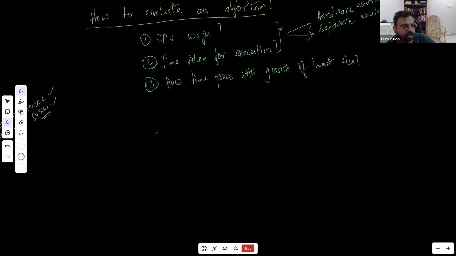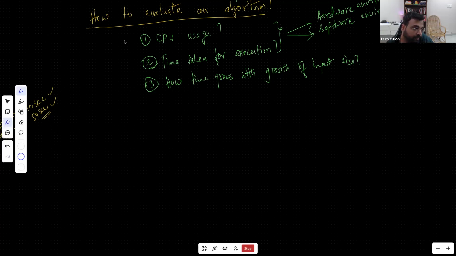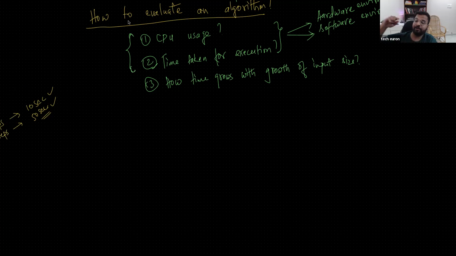There is one more demerit. If you're trying to evaluate an algorithm based on the time taken for execution, for that you have to execute it, which means you have to write it. So if you're going by this philosophy, before writing the code you cannot evaluate it, which means you have to write every single line of code, then run it, and then decide how much time it is taking.